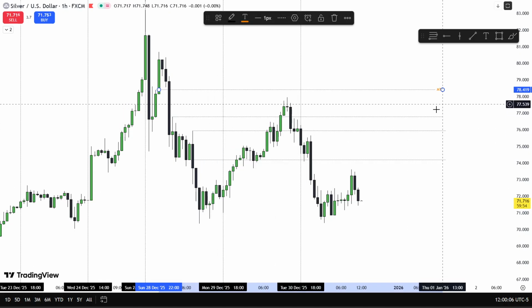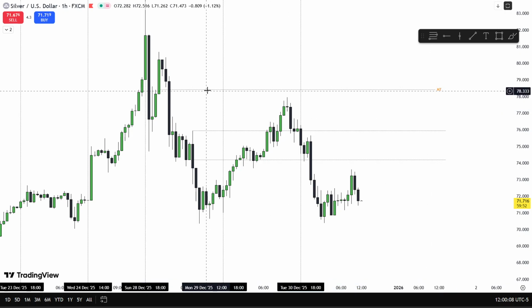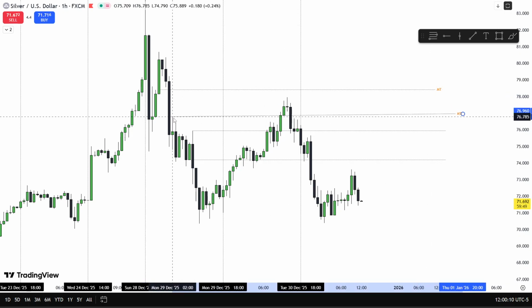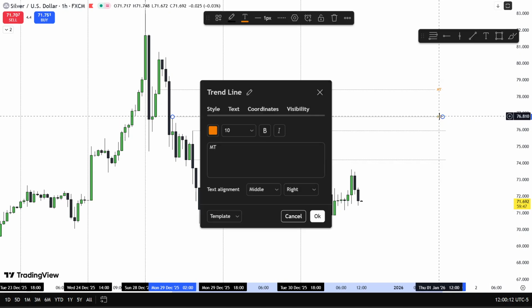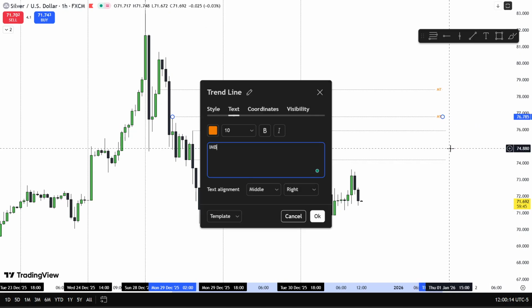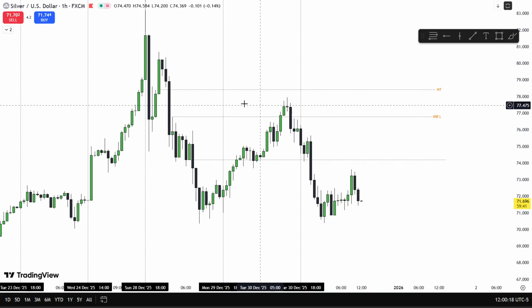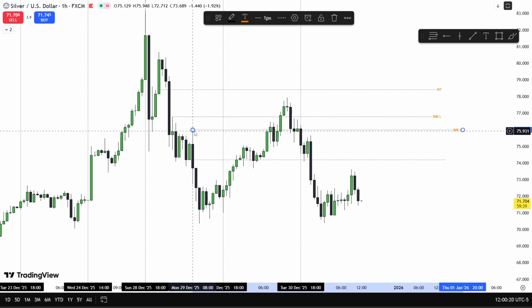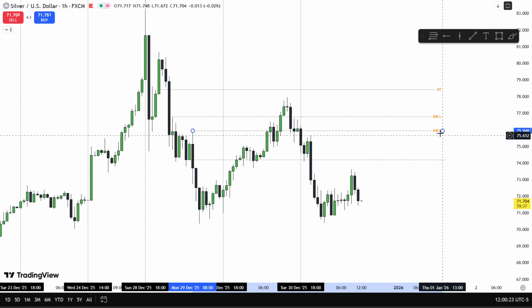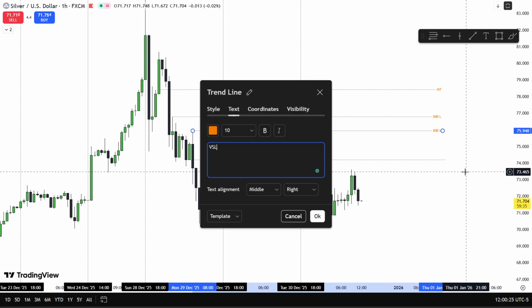This is the fair value gap's low. Let's label it imbalance low. This is a high where the buy side liquidity is present. Let's label it buy side liquidity.